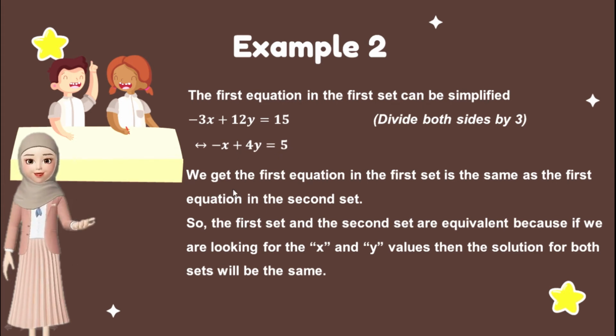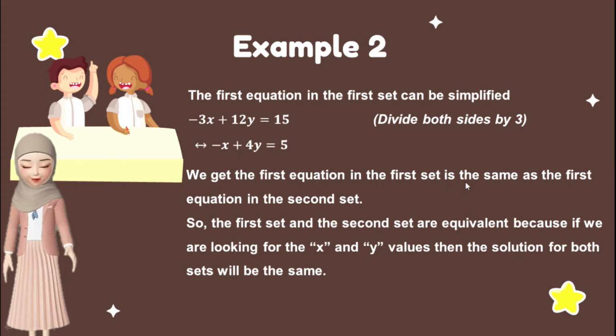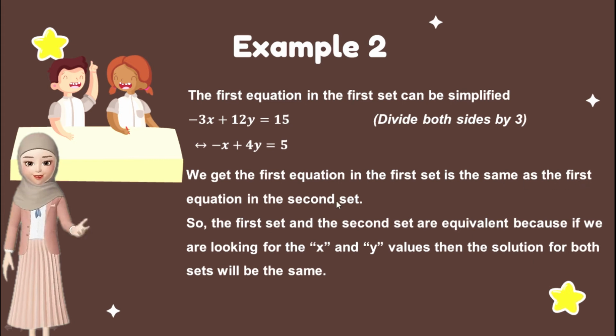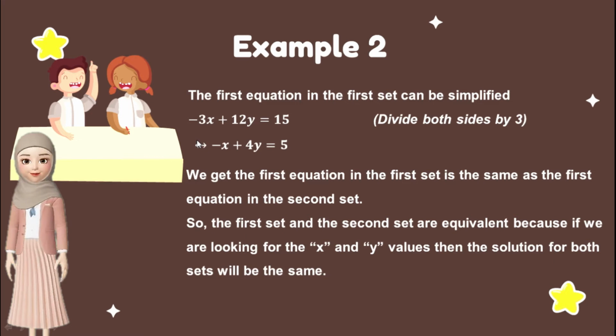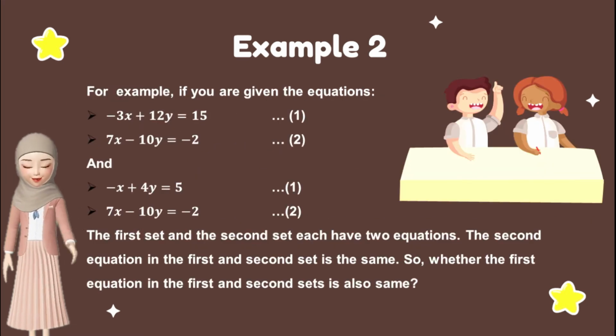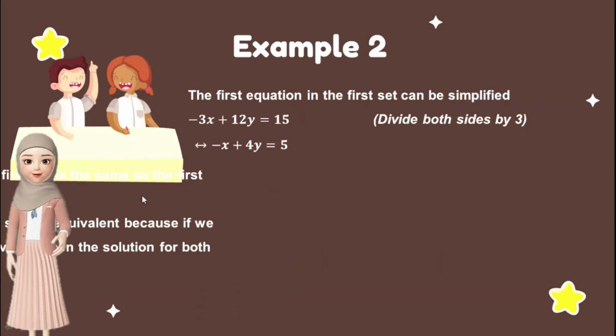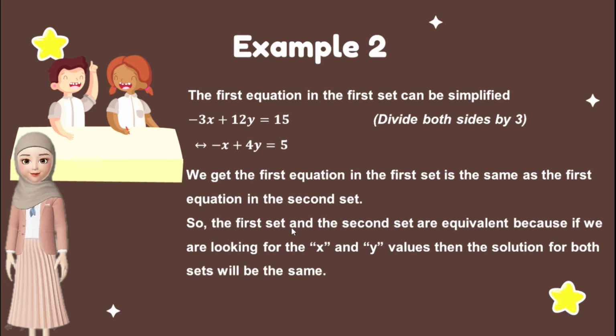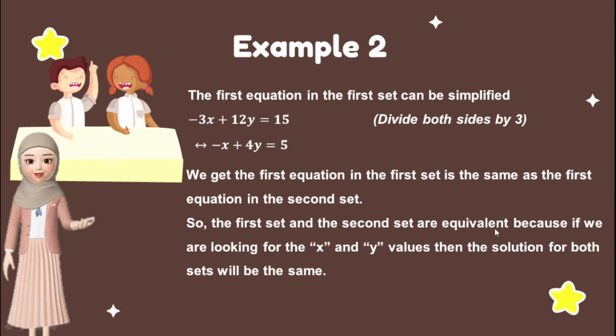We get the first equation in the first set is the same as the first equation in the second set. This here is the same as here. So the first set and the second set are equivalent because if we are looking for the x and y values, then the solution for both sets will be the same.